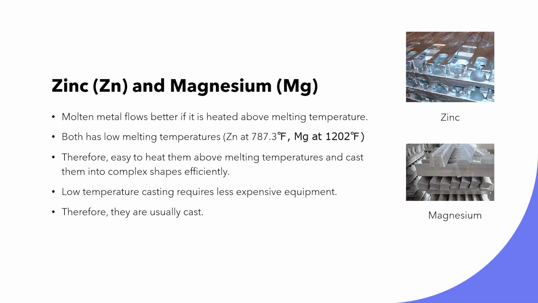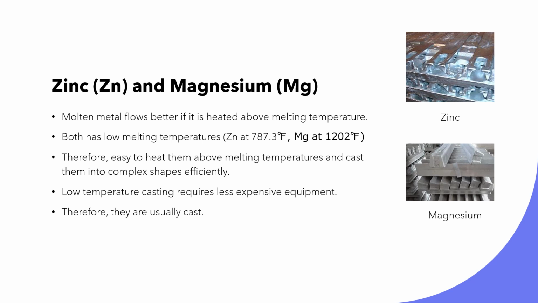Okay, so zinc and magnesium: molten metal flows better if it is heated above melting temperature. When you're making a molten liquid out of the metal, you have to heat above the melting temperature. Zinc and magnesium both have low melting points. The zinc melting point is 787.3 degrees Fahrenheit, and the magnesium melting point is 1202 degrees Fahrenheit.